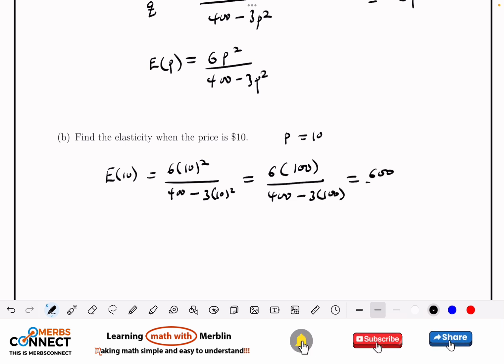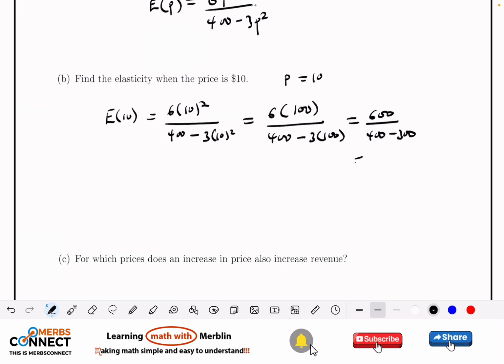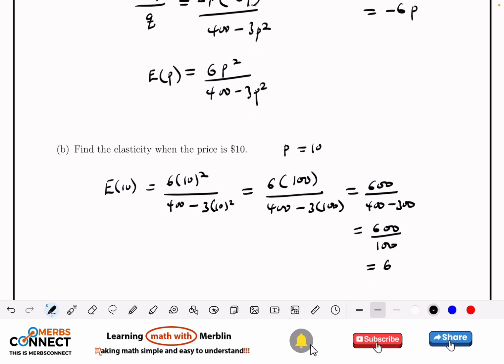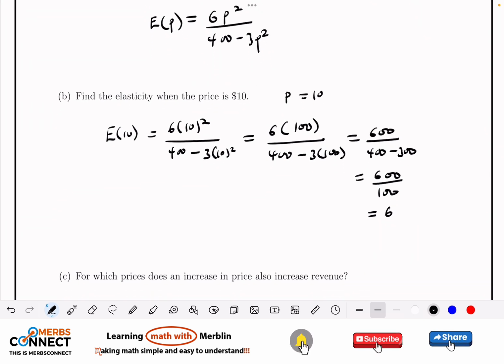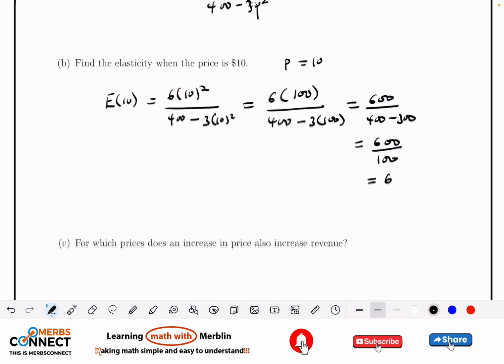So 600 divided by 400 minus 300. And we are going to have 600 divided by 100. And this is going to give us 6. Good. So that will be the elasticity at price 10.